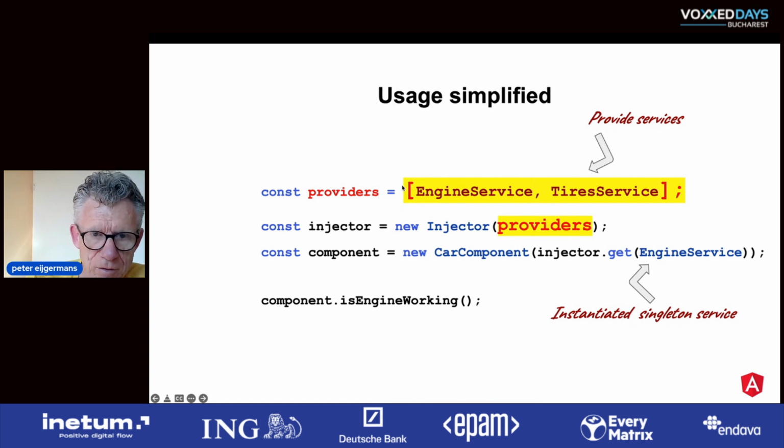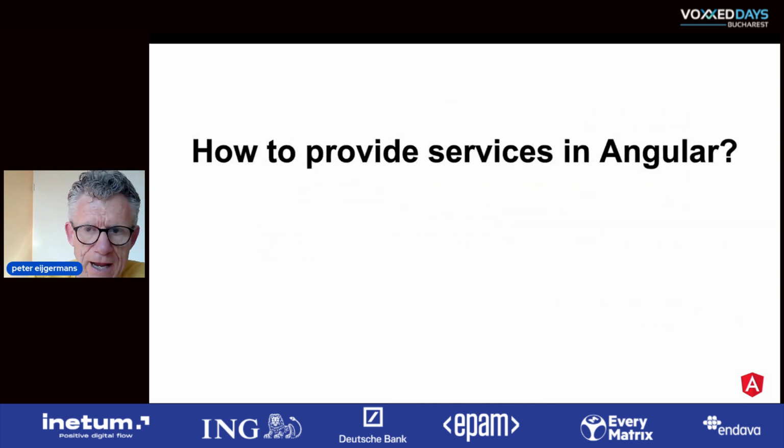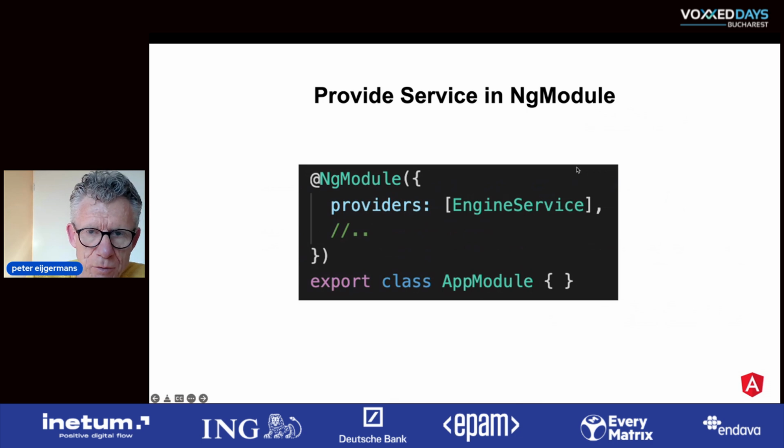You see here that with providers, we also always pass an array. This is also how we do that in Angular. You recognize here in the NgModule annotation decorator, we have a property, a section providers, also an array with what you want to provide.